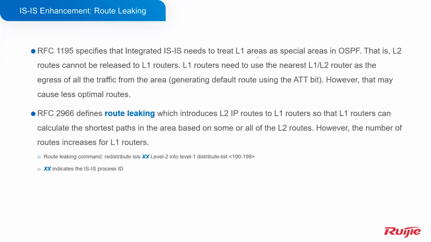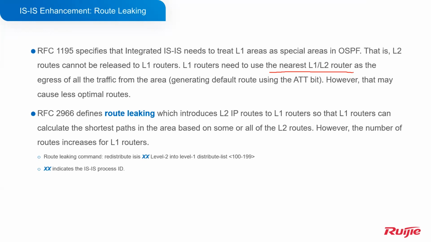But in your area, if you have multiple level 1 and level 2 routers, how do you choose the best one? You only use the nearest one as your egress router, and then you use this default route to go outside. But as we know, if you want to go from the first router to the last router, you have to consider the whole path cost value.